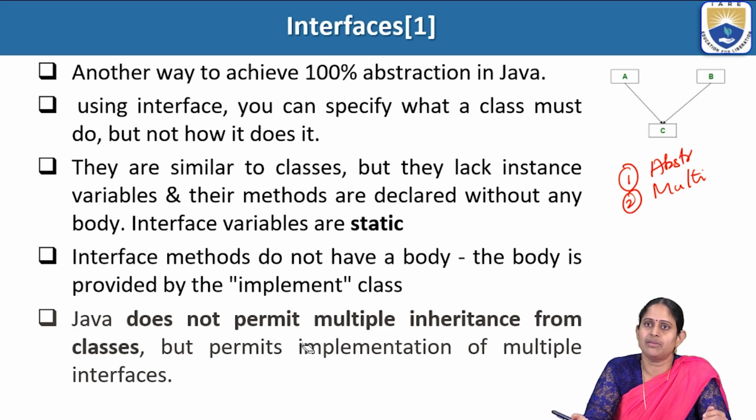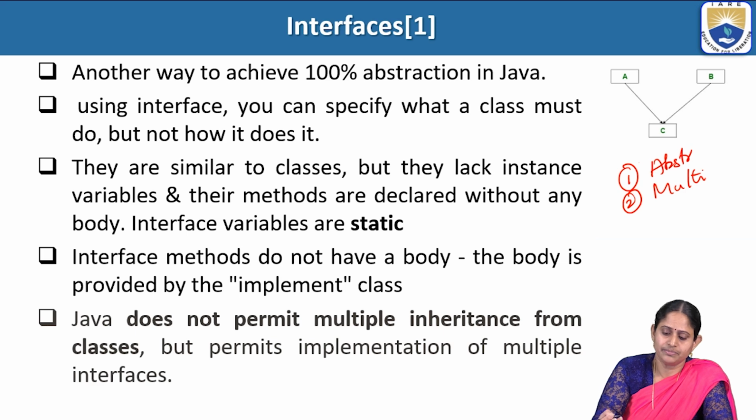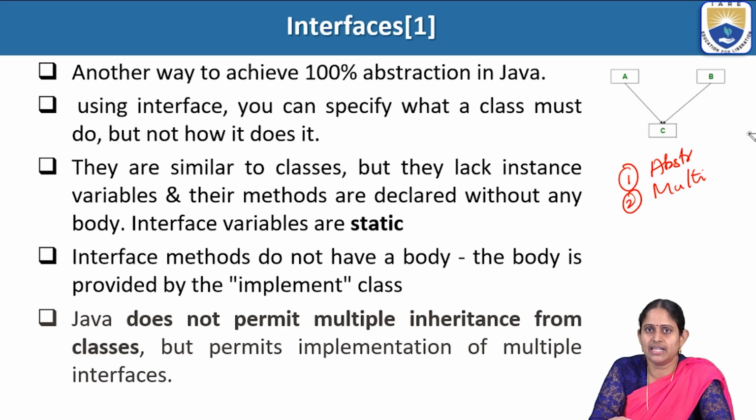These interfaces are very much similar to classes, but they lack instance variables and their methods are declared without any body. The interface variables are always static. Since the methods of the interfaces are abstract methods, the classes which implement that particular interface have to provide the implementation or the body for that particular method.